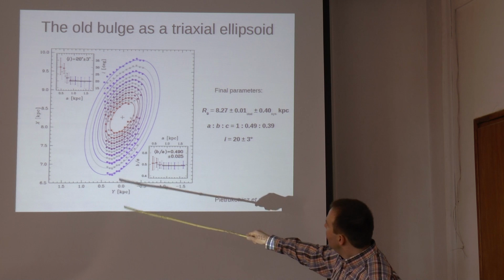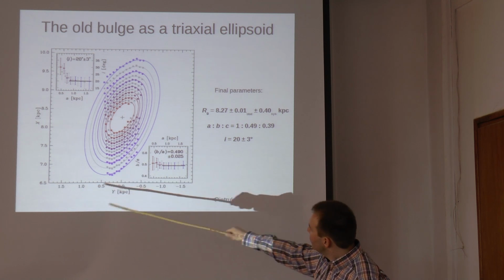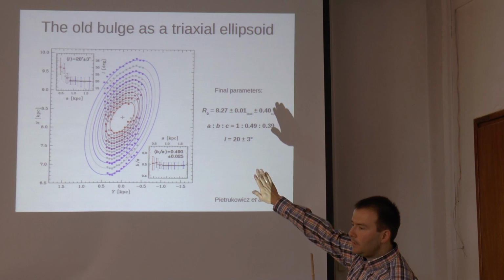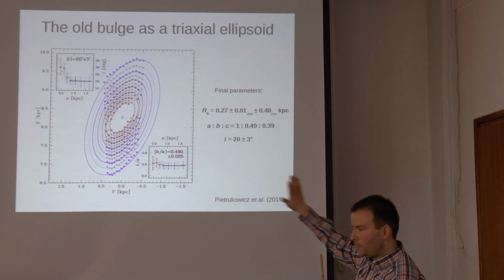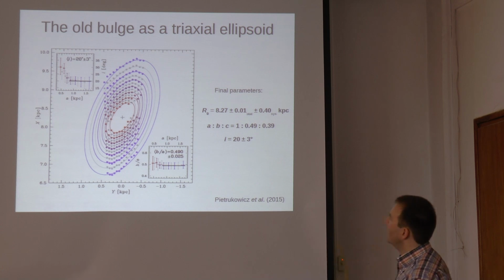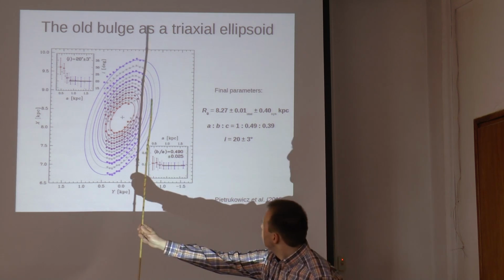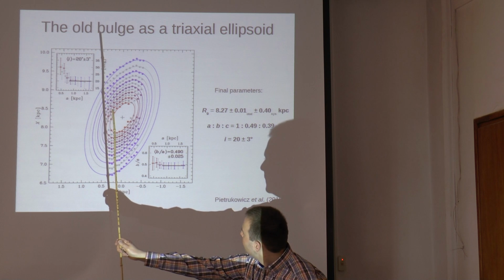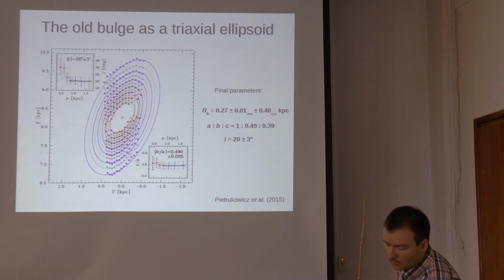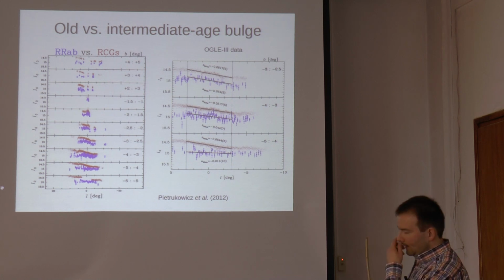So we are at 0, 0 at the beginning of the system. This is in the galactic plane. This is projection onto the galactic plane, and the sun is below there. So these are the lines of sight from us.